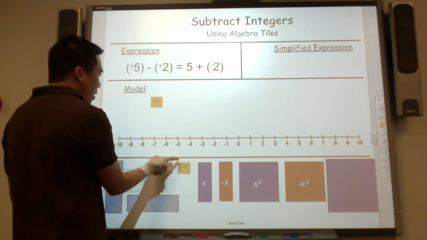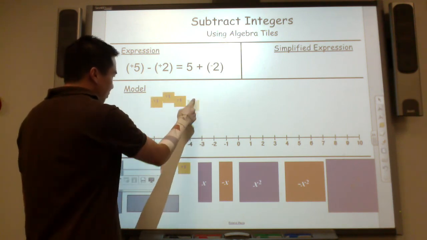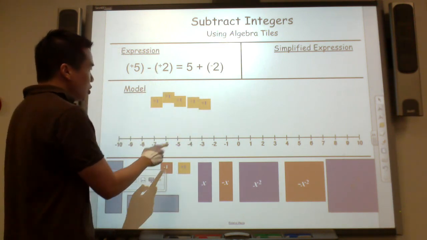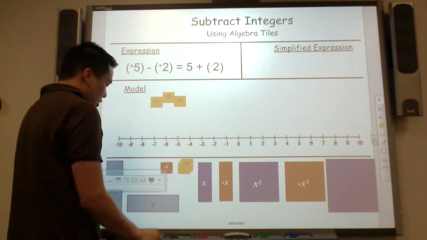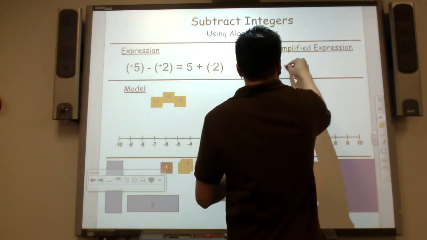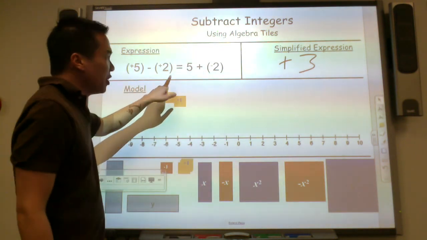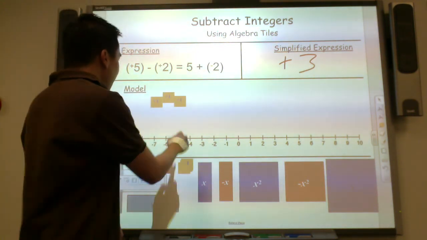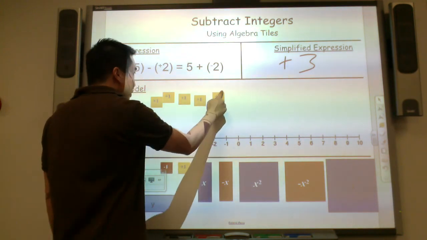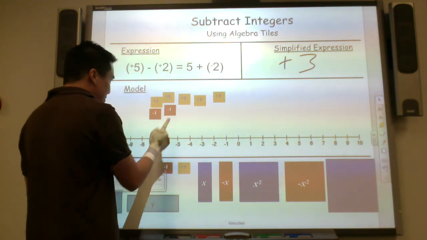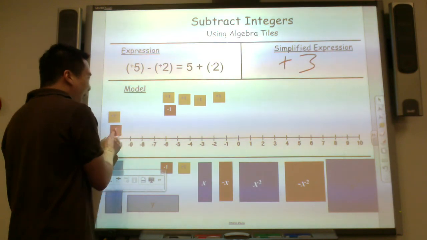You have 5 positives. You're going to take away 2 of the positives. You have left positive 3. Is that equivalent to this problem? You have 5 positives. You have 2 negatives. These zero out.